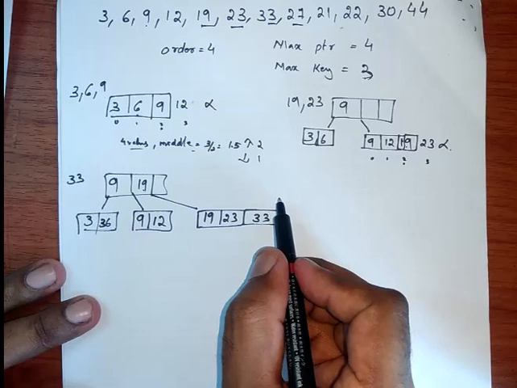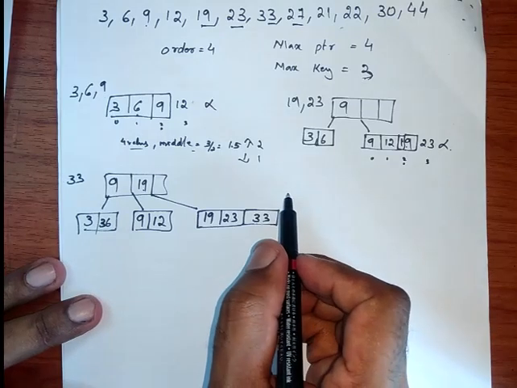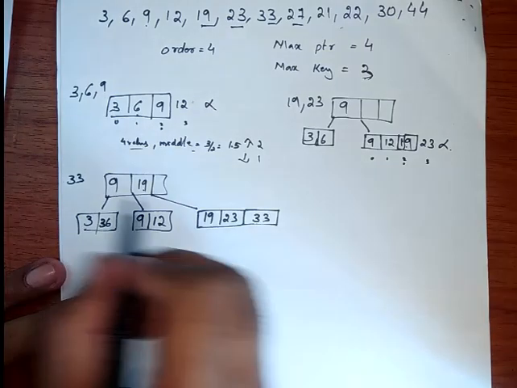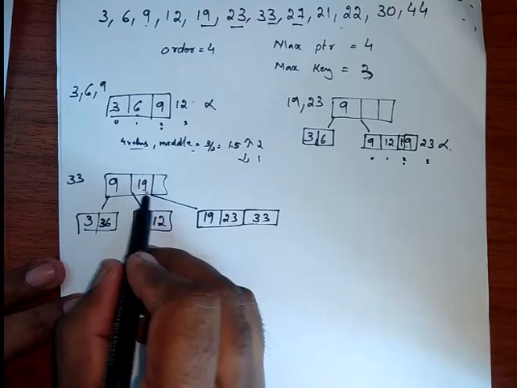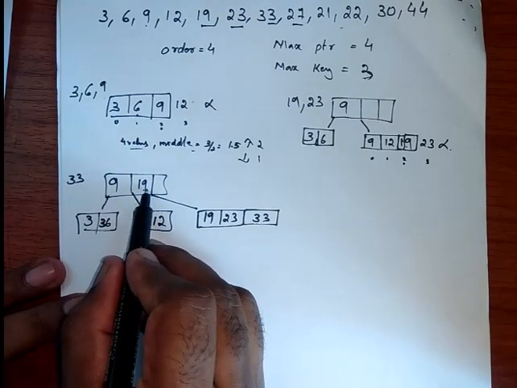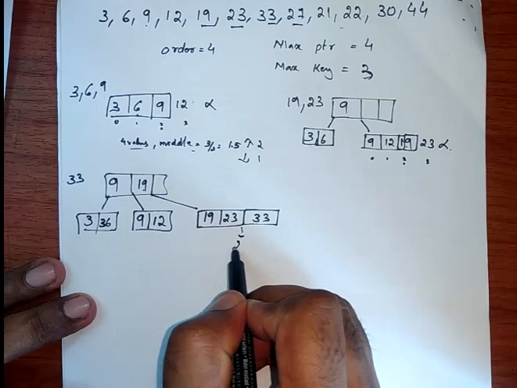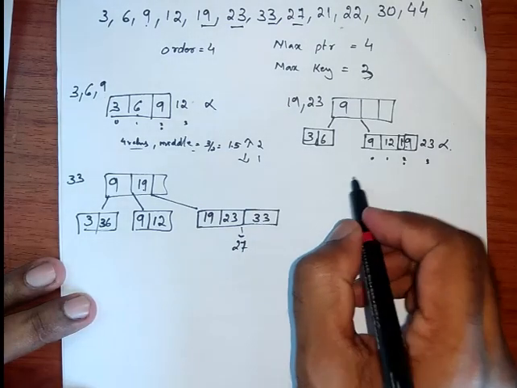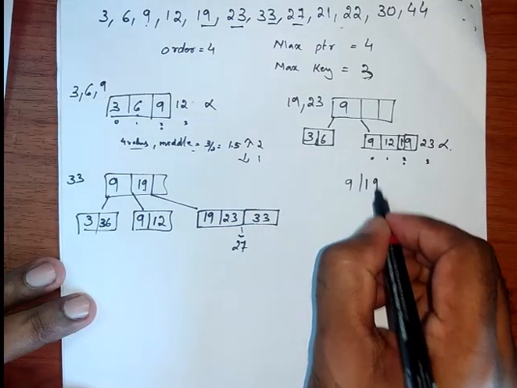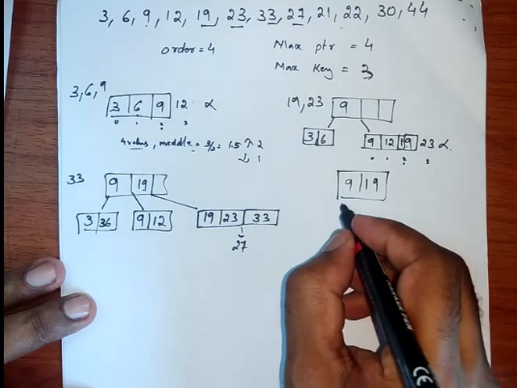So we move to the right subtree. Here you can see 19, 23, 33 and 27. 27 must come between 23 and 33. Don't place it to the right of 33. It must be placed between 23 and 33. You know that there is a rule that all the key values should be in ascending order.